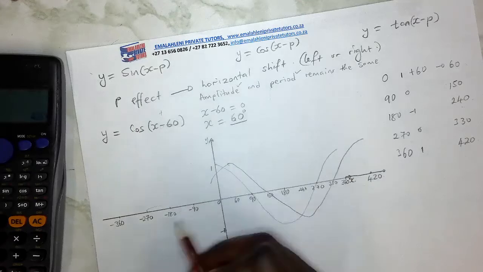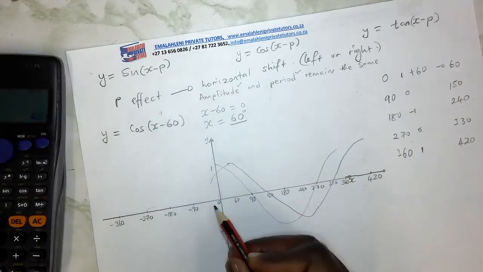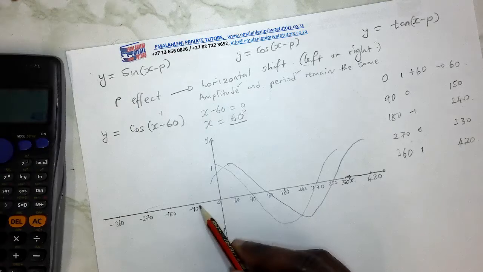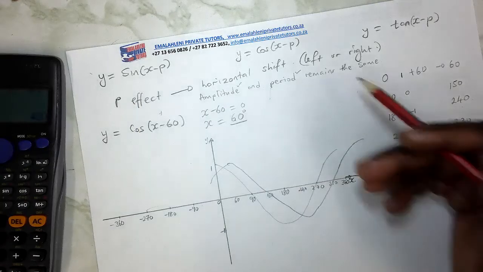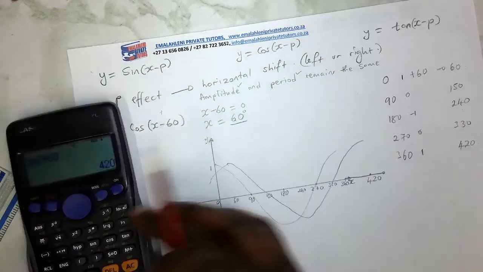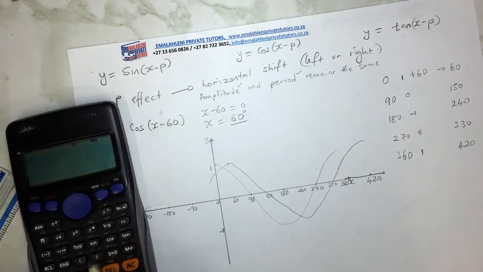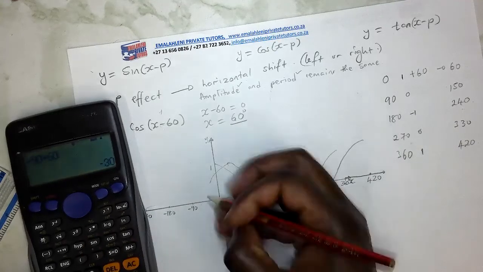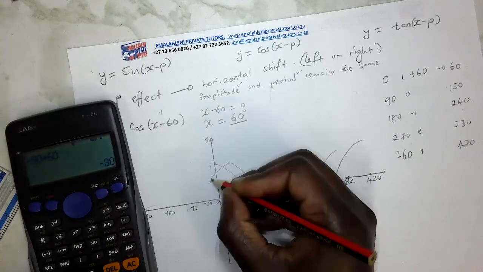Now here, to come again and do the same thing, when we're going to touch here at what is it? Negative 90 plus 60, we get negative 30. So it's going to touch at negative 30 here.